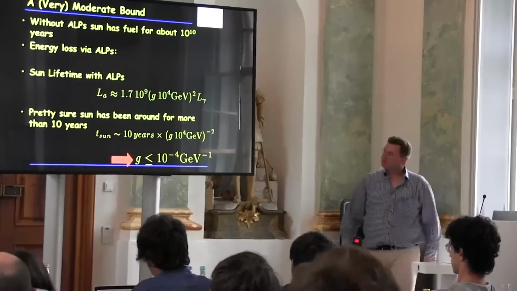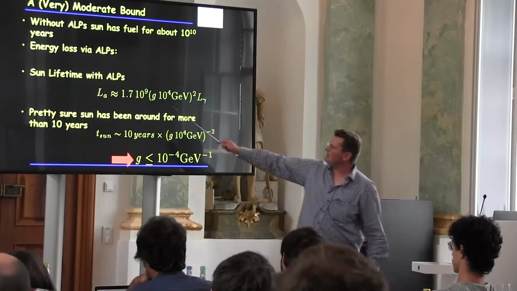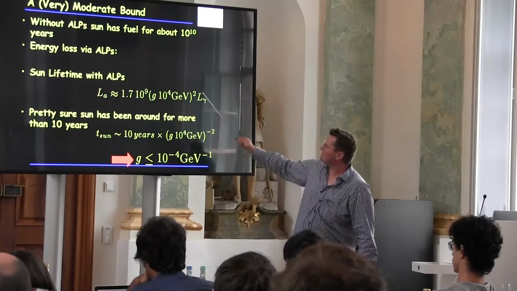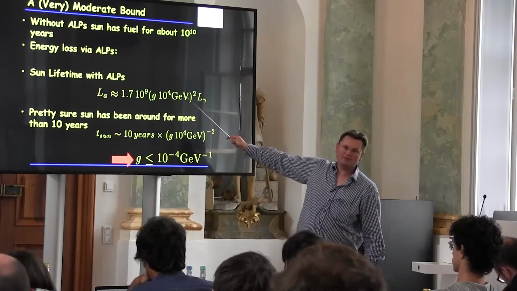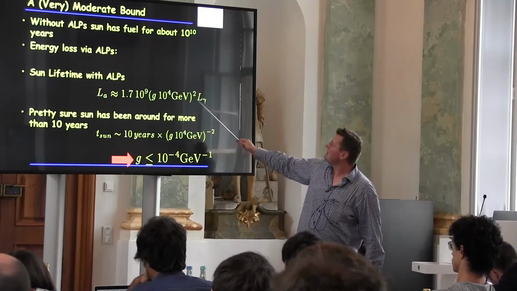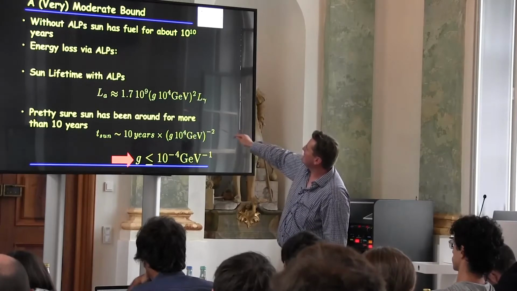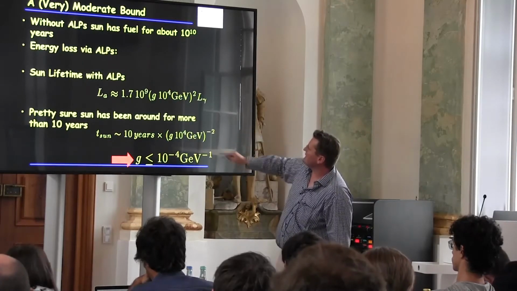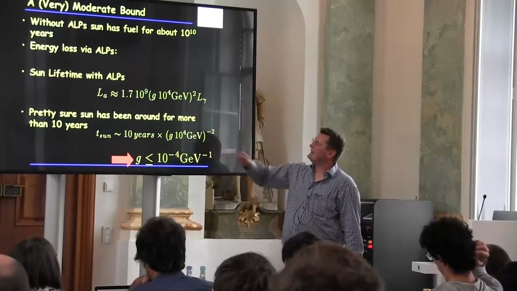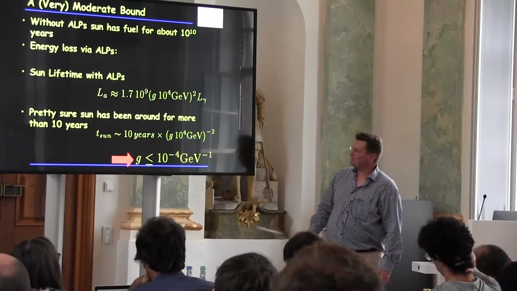And if you put some numbers to that, basically the luminosity compared to the photons, if you put some coupling in here, if you take the 10 to the 4, remember ALPs discovered 10 to the 7, or didn't discover, limited 10 to the 7. If you put 10 to the 4 here, the luminosity in axions would be 10 to the 9, or 1 billion times larger than the luminosity in photons.